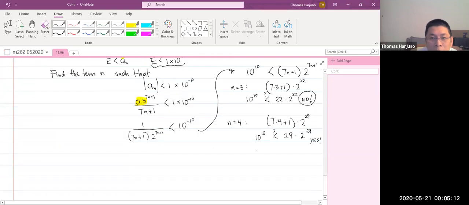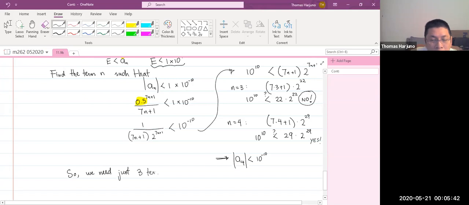Okay? This implies the magnitude of the fourth term is already less than 10 to the negative 10, right? So we need just 3 terms, not 4 terms.